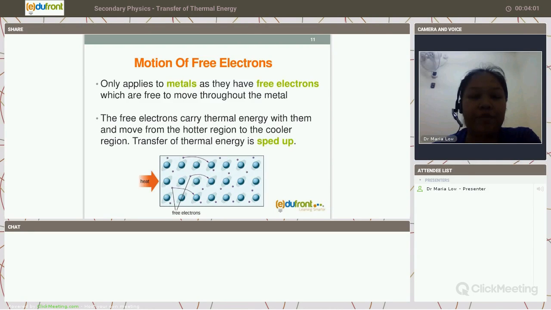Next, we look at motion of free electrons. Motion of free electrons only applies to metals because metals are the only ones that have free electrons, which are free to move throughout the metal. The free electrons carry thermal energy with them, and they move from the hotter region to the cooler region. And because of the movement of these free electrons, the transfer of thermal energy is sped up.